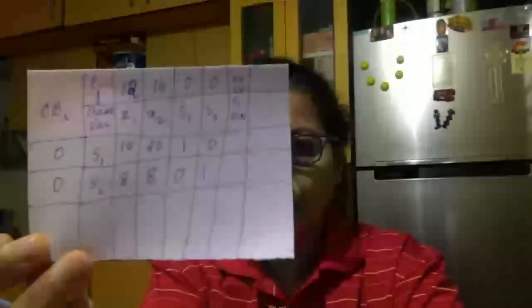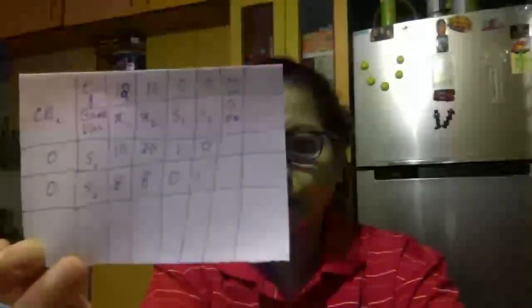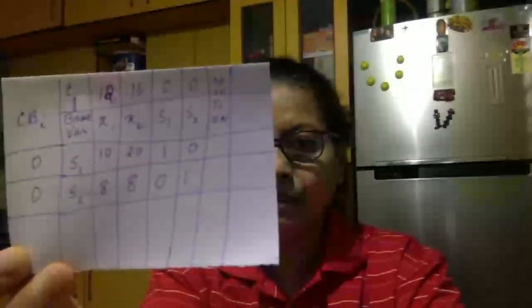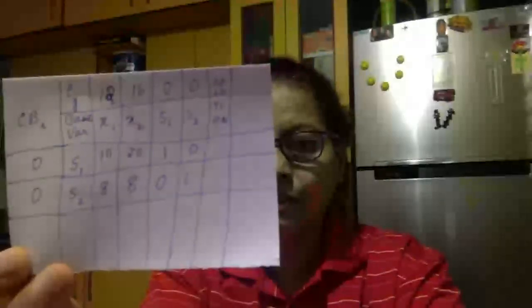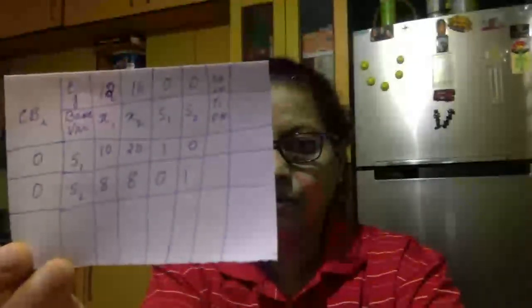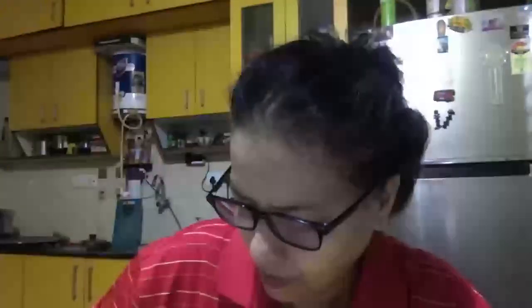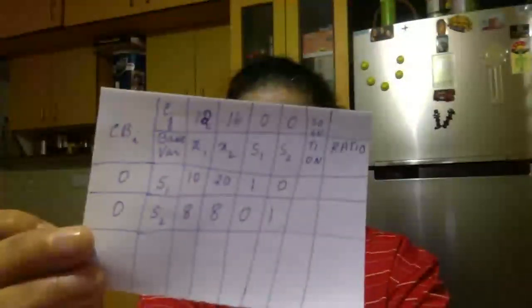I've written it lengthwise; you can write it how you want. Next time when we make a column, we are not going to make it two rows, only one row. And next one, you write ratio. So the last two columns are called solution and ratio.